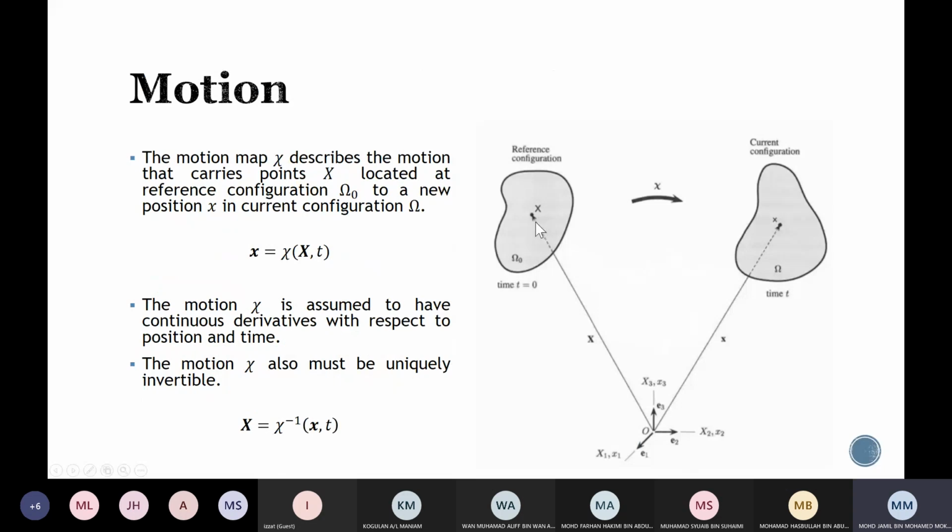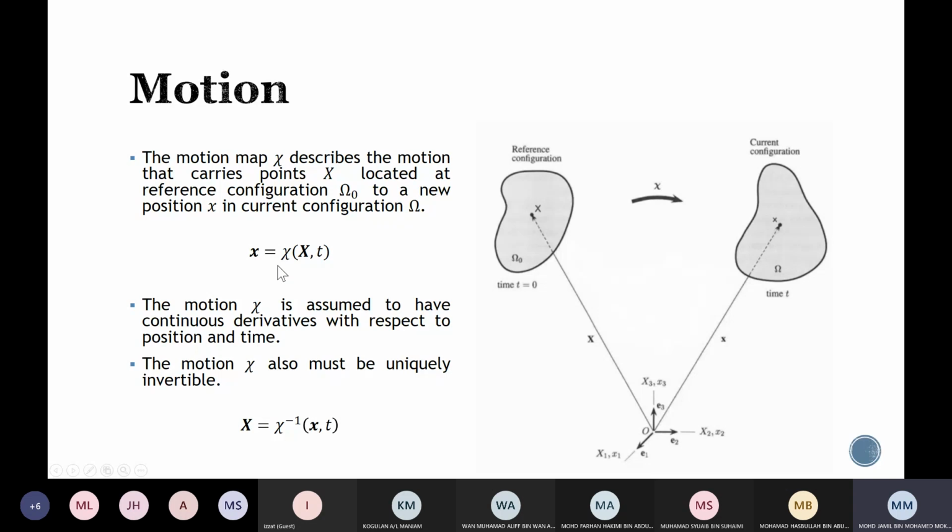The motion that changes the material from the reference configuration to the current configuration is known as the motion map. The motion map is represented by the symbol x, slightly curved. We call it chi. The motion map chi describes the motion that carries the point big X located in the reference configuration to a new position in the current configuration.